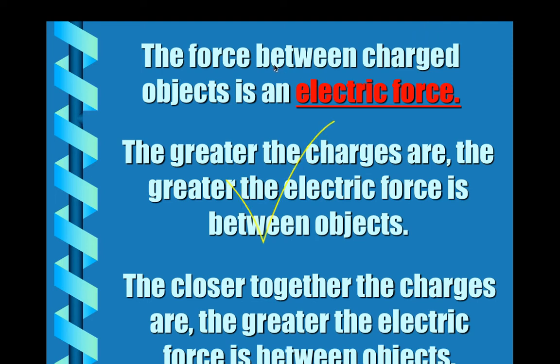The force between charged objects is an electrical force. The greater the charges are, the greater the electric force between the two objects. So if you have two strong magnets, that force is going to get stronger.